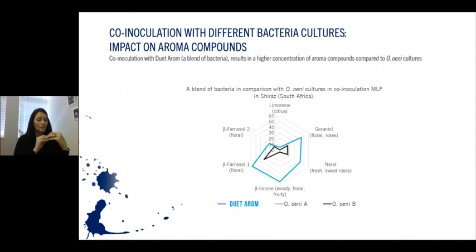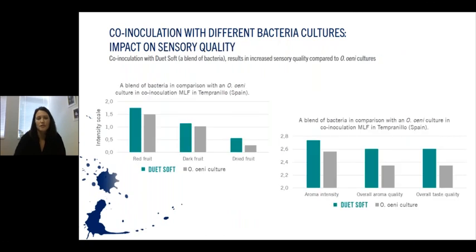They're bound and not volatile in their form from the grape, and when you add the bacteria with this enzyme activity, you can actually release more of these monoterpenes, norisoprenoids, really the compounds that enhance the fruity and the floral characteristics in the wine. And this is why you would use a blend as compared to a single culture.